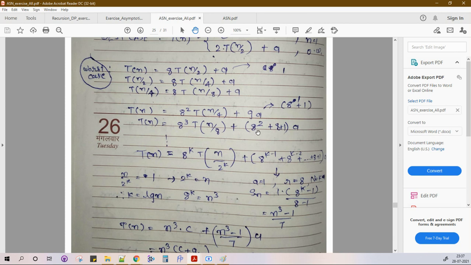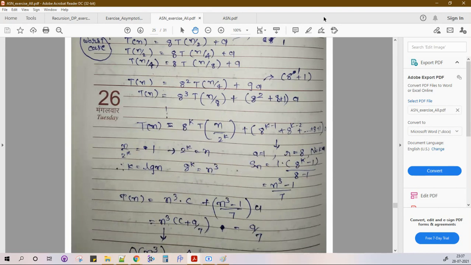That means 8 to the power 2, 8 to the power 1, 8 to the power 0, which is 1. So at k step, I need to start from 1 less than k, which is k minus 1. Yes or no? 8 to the power k minus 1, k minus 2, k minus 3, up to 8 plus 1, right? Now, this is beautiful.